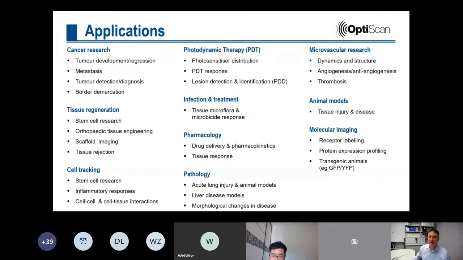There are many applications of endomicroscopy, including imaging cancer, tissue regeneration, cell death, cell tracking, drug distribution, and molecular imaging. The example I will discuss today is the use of endomicroscopy in oral cancer research.